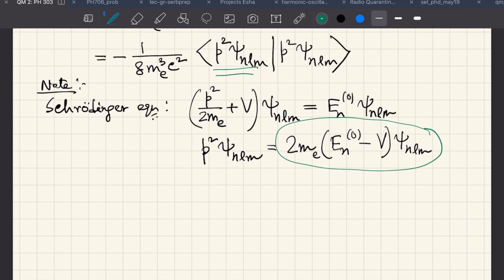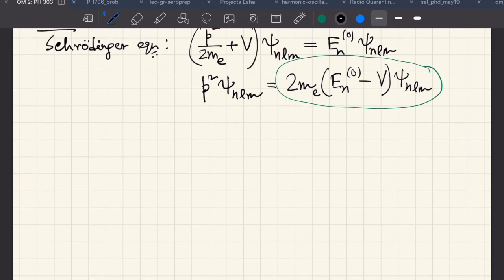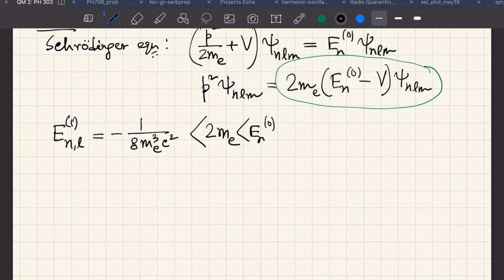So what do we get here? We have E_NL equal to minus 1 by 8 me cube c squared, with 2me times (En0 minus V) psi NLM on each side.